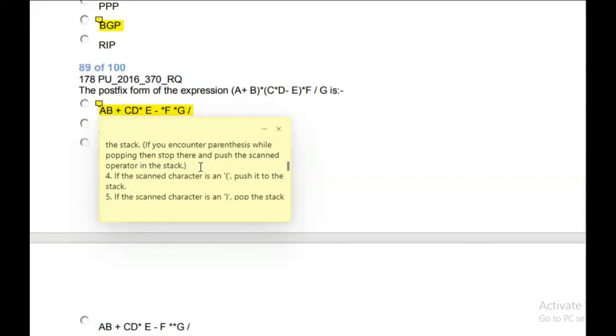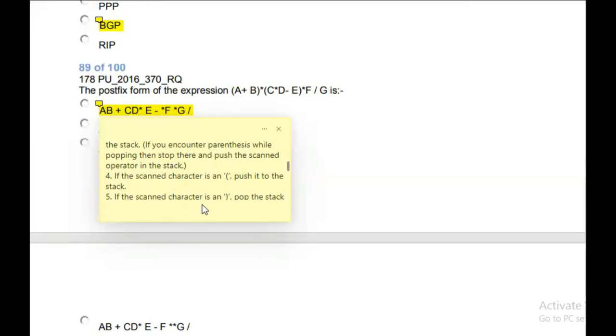If we find a closing parenthesis while popping, then stop and push the scanned operator in the stack. And if the scanned character is an open parenthesis, push it to the stack.